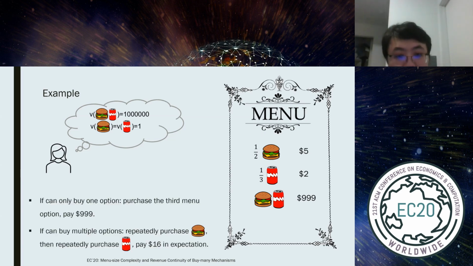However, in a mechanism where the buyer can purchase multiple menu options, the buyer can have the following adaptive strategy. Firstly, the buyer comes and repeatedly purchases the first menu option until she gets the sandwich, then adaptively purchases the second menu option until she gets the drink. The buyer pays the total price of all the realized options, and it is only $16 in expectation.